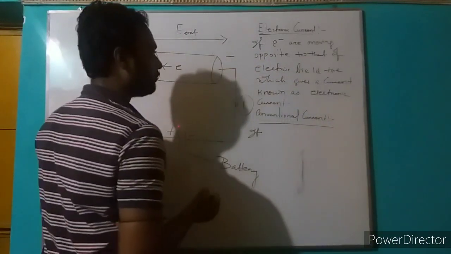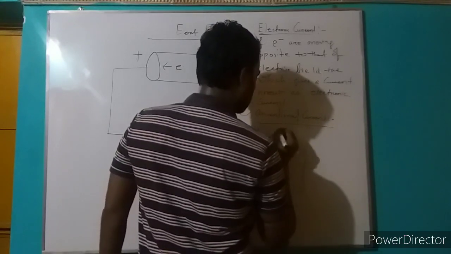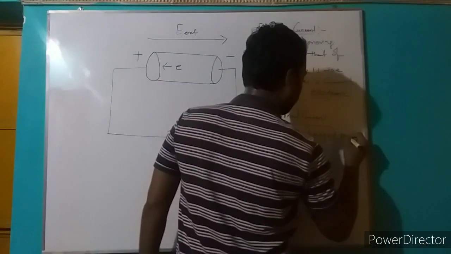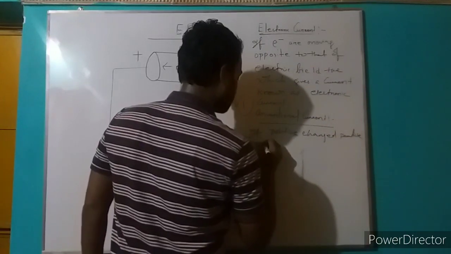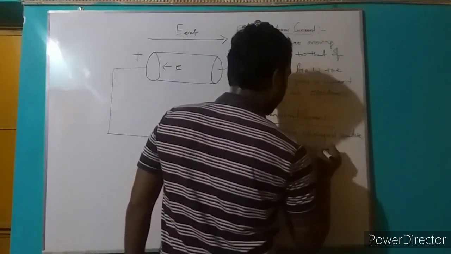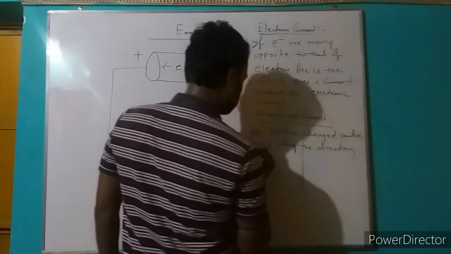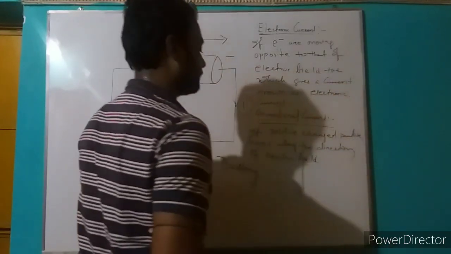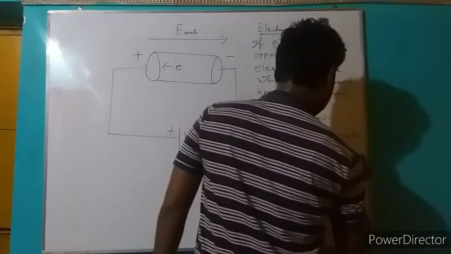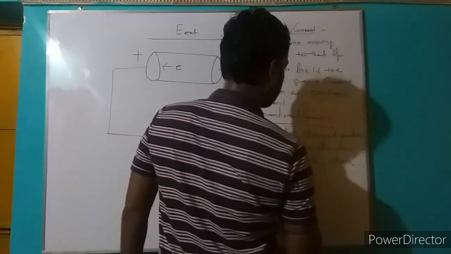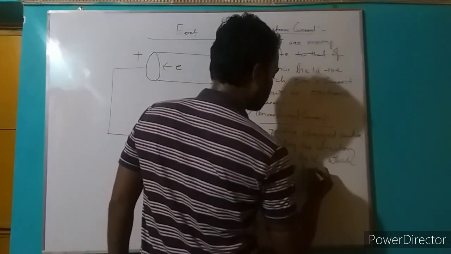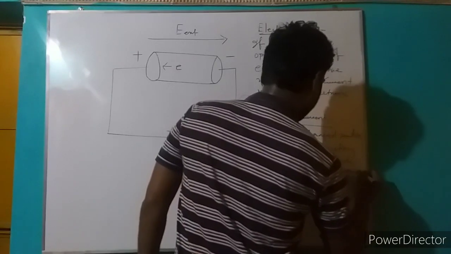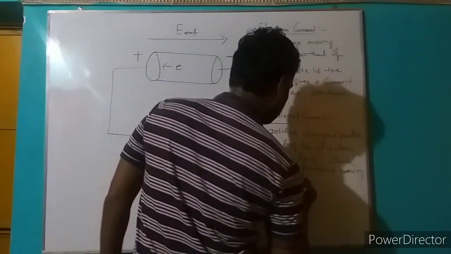If a positive charge particle moves along the direction of the electric field, then it gives a current known as conventional current.